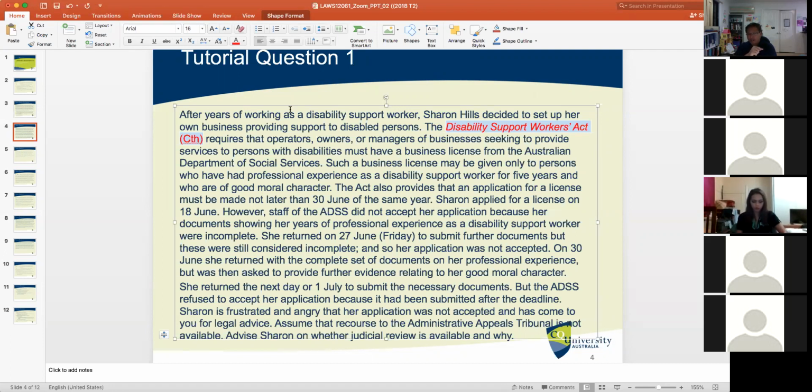So under the Immigration Act of 1967, which is an enactment, what it provides essentially is that the Australian government has the power to exclude from the Australian territory, or to expel from Australia, those non-Australian citizens who have been convicted of crimes where the punishment is imprisonment of 12 months or more.